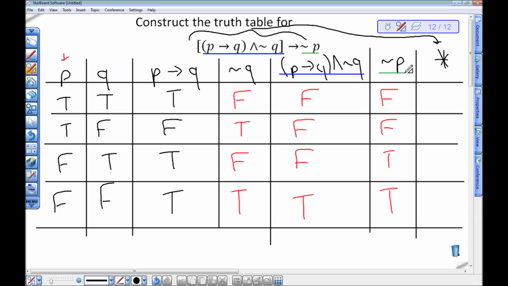If false then false is true from the fourth row. If false then false is true from the fourth row. If false then true is true from the third row. And if true then true is true from the first row. So it turns out that this statement is always true. No matter what the values of P and Q are, this is always true.